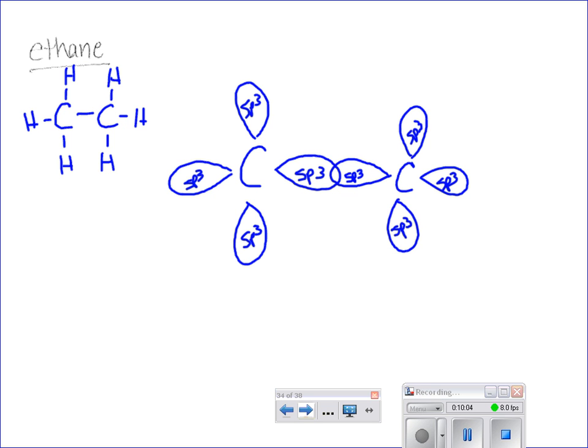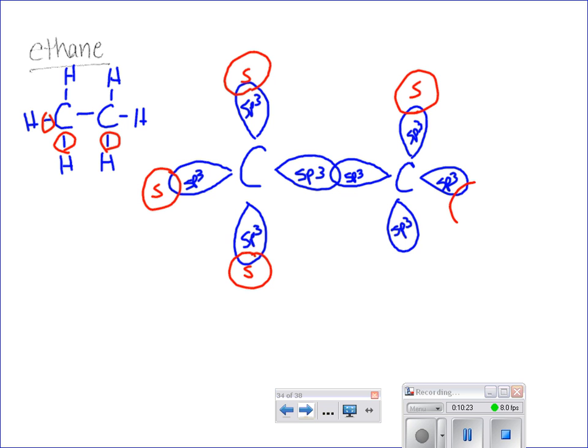So when these hydrogens all make this bond here, they literally just have their s orbital overlap with the hybrid from each carbon. So we have our hydrogen there, our s orbital there, and it's a head-on-head overlap as well. And S stands for the orbital, not the element. So there's all my hydrogens.